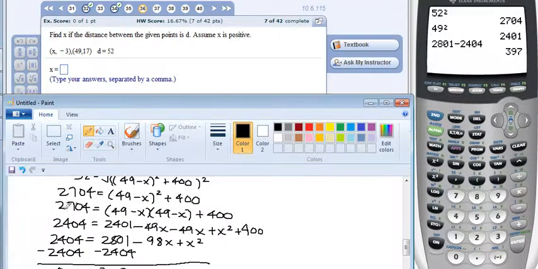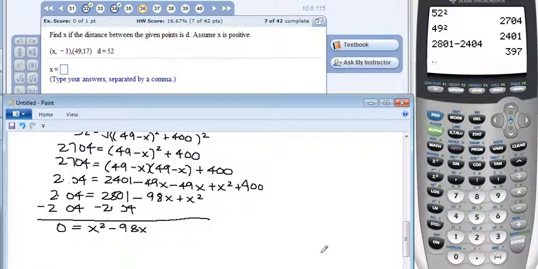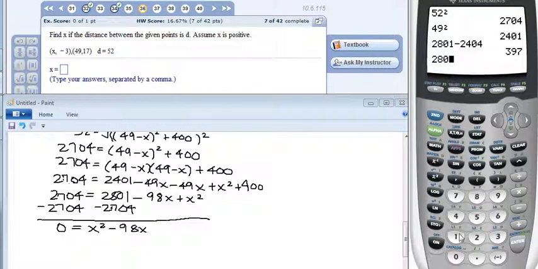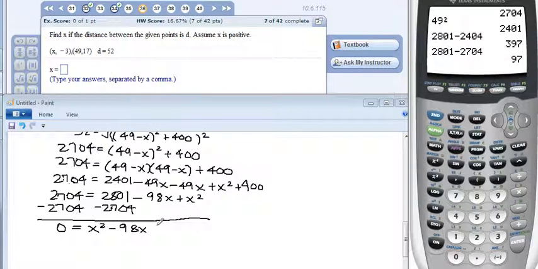See, you gotta play with this stuff. Get rid of that, and we should be good. Hate when I make mistakes. 2704, 27, 27, 2704. All right, so we have 2801 minus 2704 is 97. That looks way better. Positive 97.